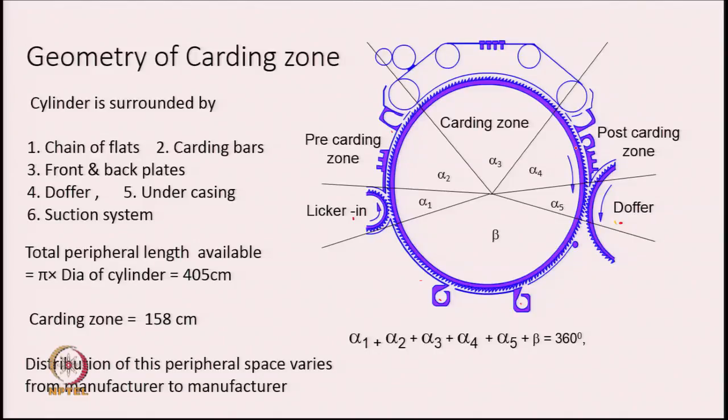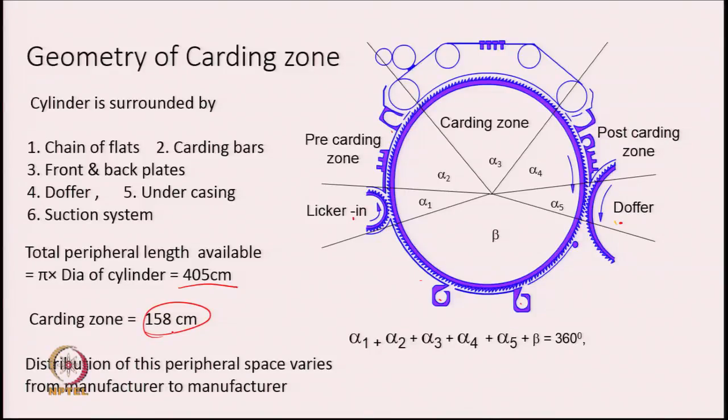The total peripheral length which is available around a cylinder could be around 405 centimeter. This is pi into the diameter of the cylinder, and the carding zone which we see here is around 158 centimeter. The angles corresponding to different zones are also shown in the diagram.